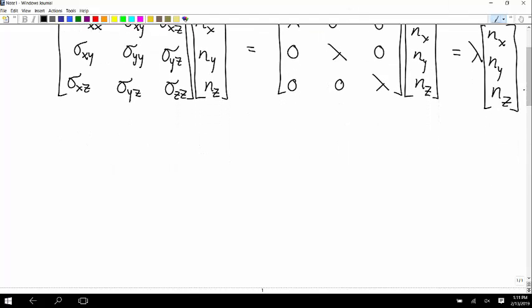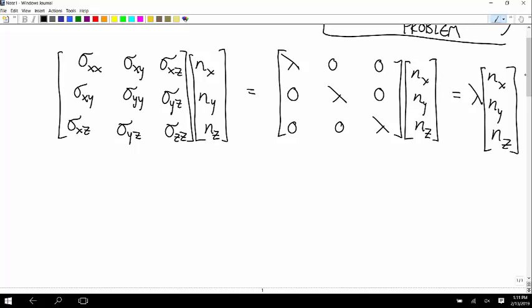Now I'm going to subtract this stuff on the right from both sides.